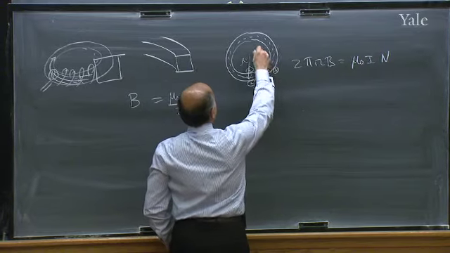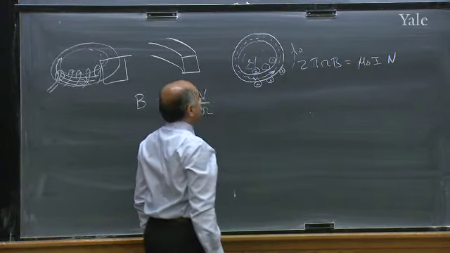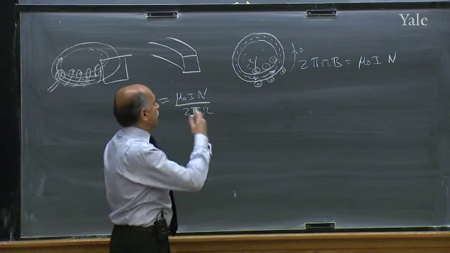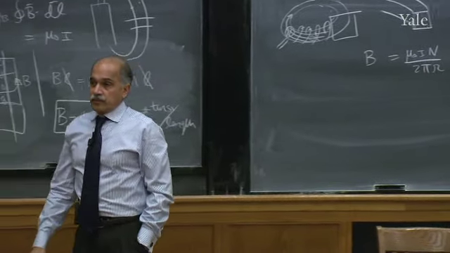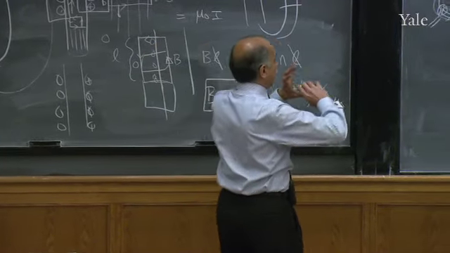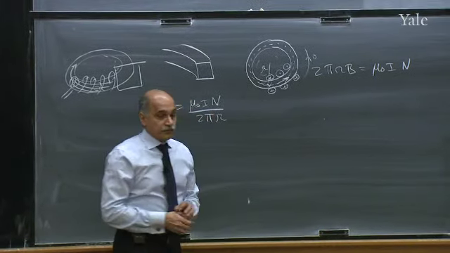And if you go inside the inner rim, you will get 0. Outside the outer rim, you will get 0, because any loop you draw on that contour will intersect equal and opposite number of incoming and outgoing currents. So B is going to vanish outside the donut, and it's going to be non-zero right inside the heart of the donut, and the strength will be this.